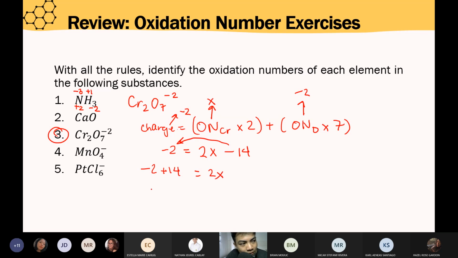So, 14 minus 2, 12, equals 2x. Divide mo both sides by 2. So, you will get x equals positive 6. Okay? So, that means chromium is positive 6. Oxygen is negative 2. Okay? Ganun lang. Easy lang, di ba?